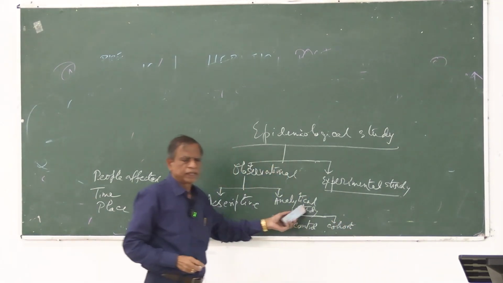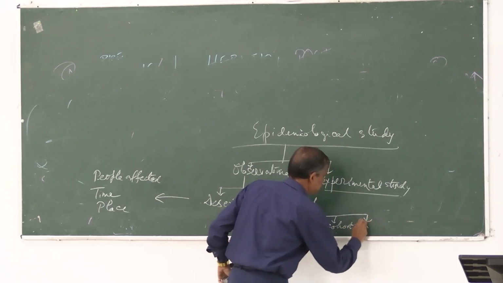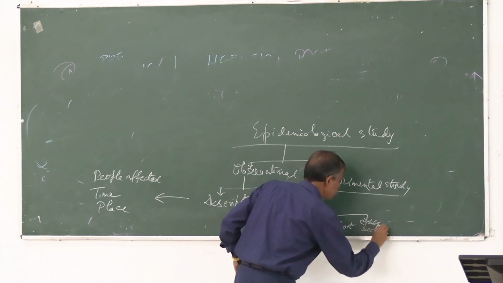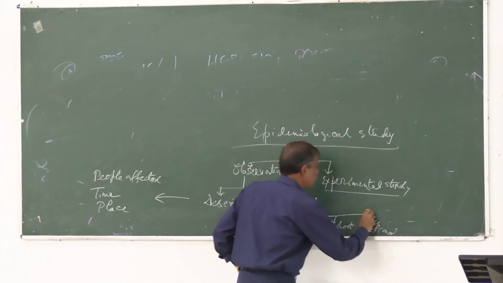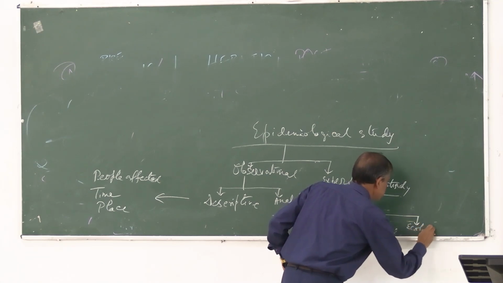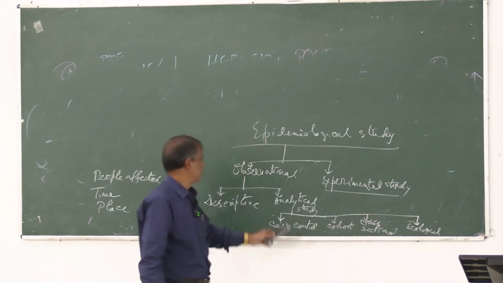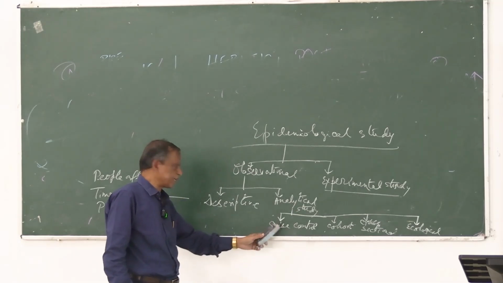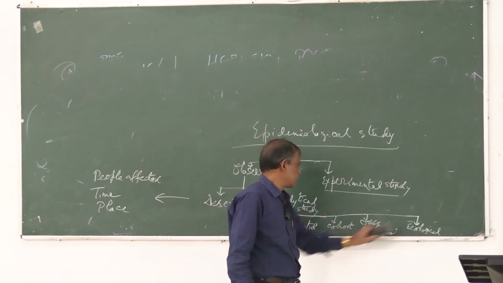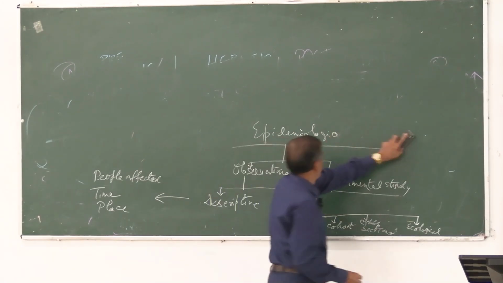Besides this, there are two more studies, cross-sectional study and ecological study. So, analytical study is mainly case control and cohort study, and also two other studies are there, ecological study and cross-sectional study.